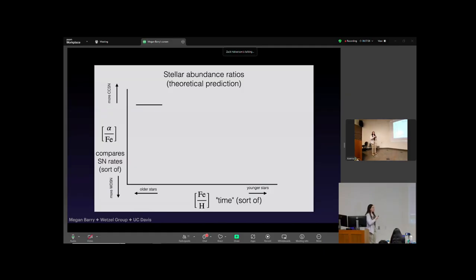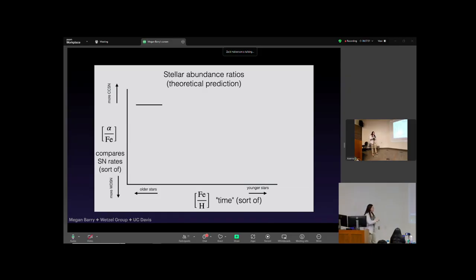Yeah, if you said higher up, you're right, because core collapse supernovae turn on first, and those are rich in alpha elements. So for early stars, we expect an interesting floor that gives us the ratio of alpha to iron in core collapse supernovae, which is a whole separate cool thing.